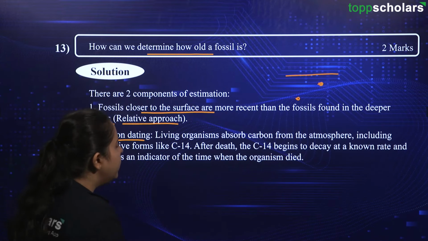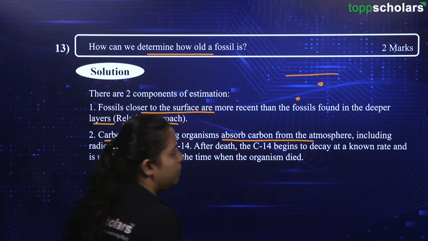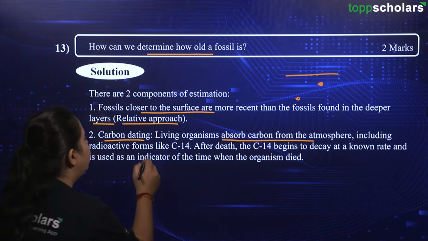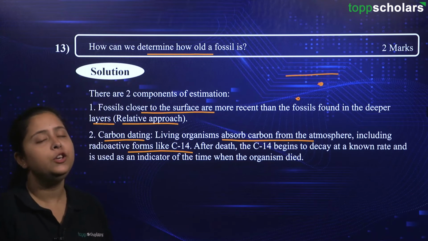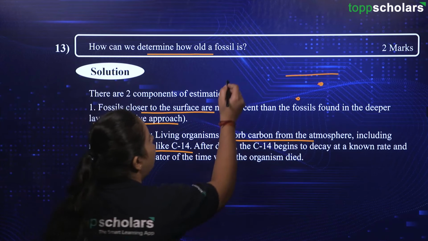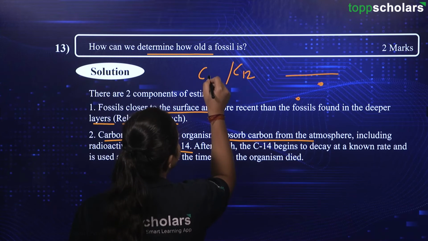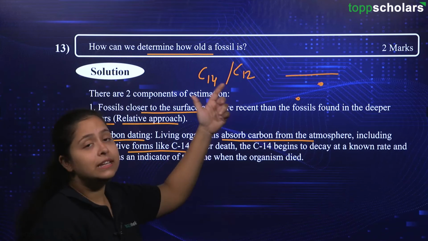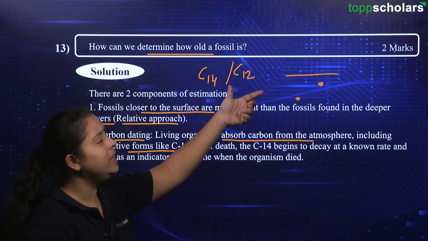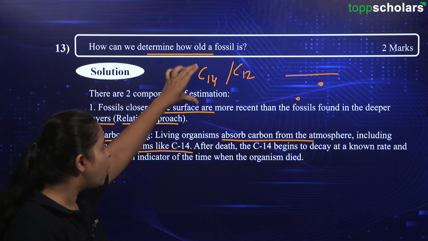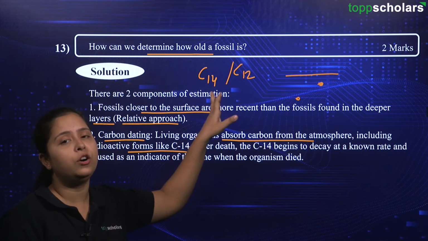Living organisms absorb carbon from the atmosphere, including the radioactive forms like C14. You might have known that we have the normal isotope, that is C12, and we have the radioactive isotope, that is C14. There is a ratio in both of these. This one is very predominant, but there is a small proportion of carbon which is C14 as well.